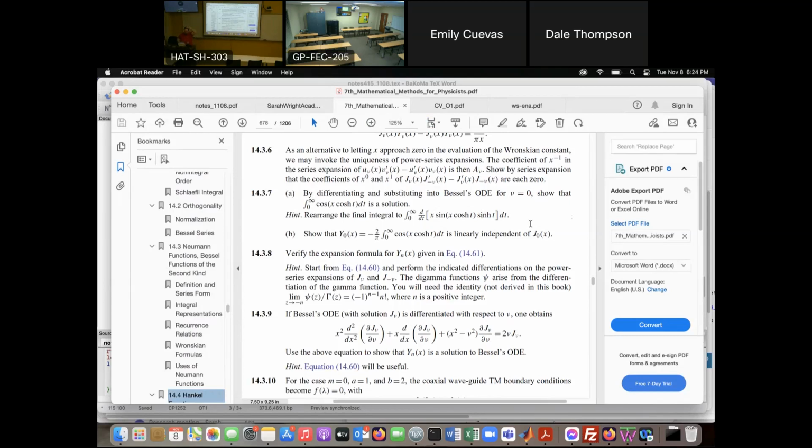How would I start working it out? Okay, so you just say y0 is equal to c times j0.